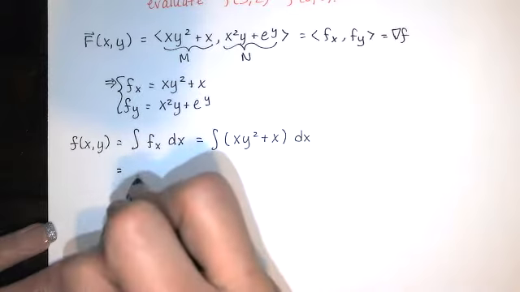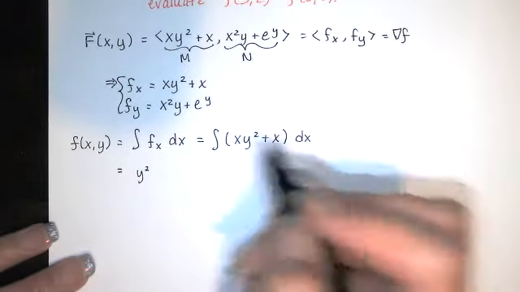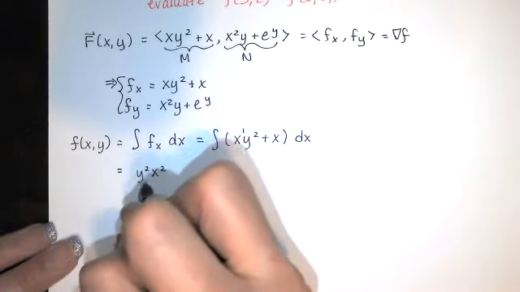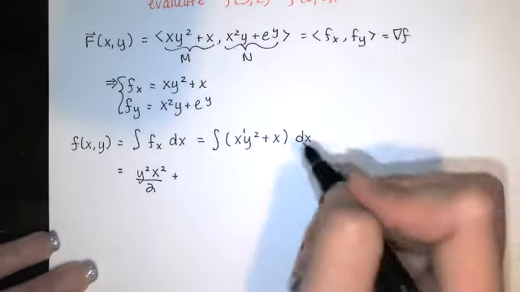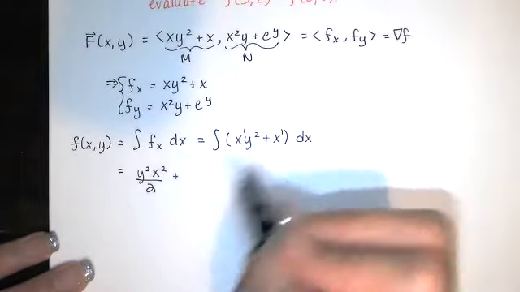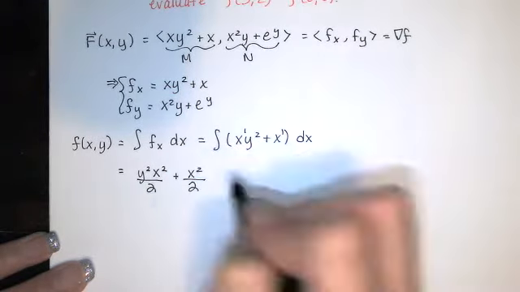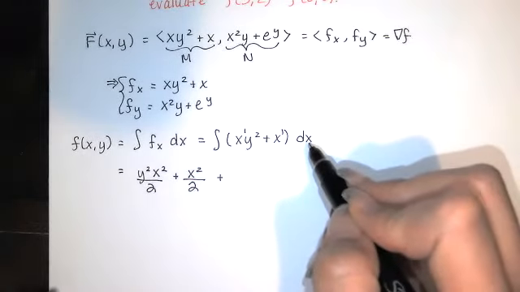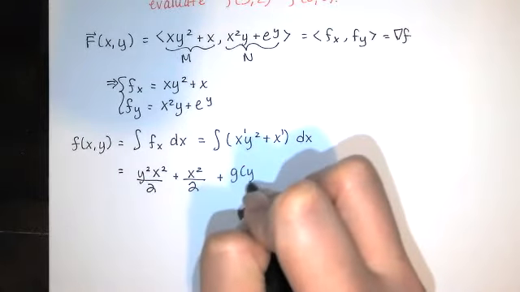Y squared is constant, and the antiderivative of x with respect to x requires the power rule. So I add 1 to the exponent and divide by the new exponent. Over here, same thing. Antiderivative of x with respect to x, add 1 to the exponent and divide by the new exponent. And then I have to add a function that's constant with respect to x, but not necessarily with respect to y. So I'll call that g of y.